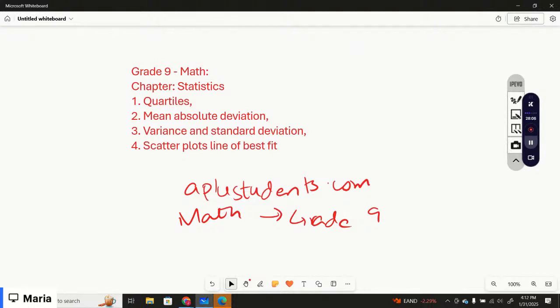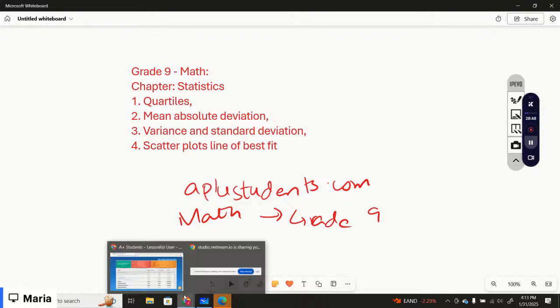We're going to start with the chapter statistics. The lessons we're going to cover today are quartiles, mean absolute deviation, so please make sure you have your notebook and pencil so that you can note down the important examples and definitions as well.